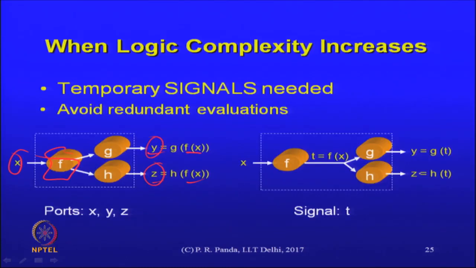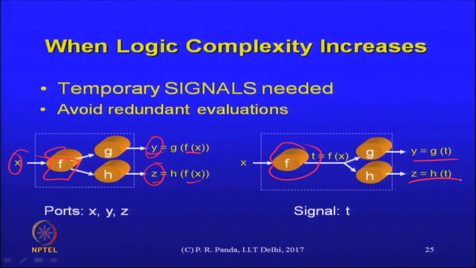To get around that, what I will need is a way to specify first that this is the common computation, and let us say I create an intermediate signal object called t, and then y and z can be specified in terms of that common object. That would be a way for me to avoid the duplication of the f that comes in both the expressions.